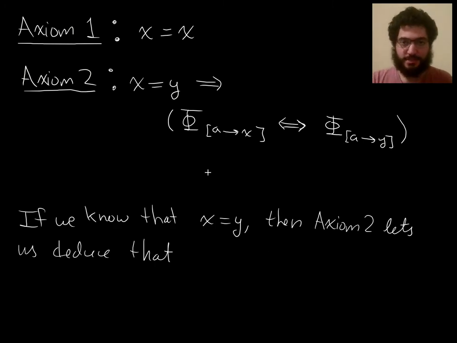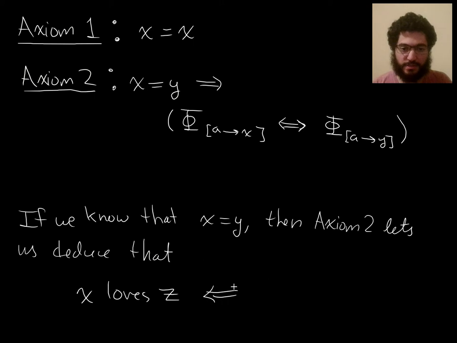Here's an example of how to use axiom 2. Suppose you know that x equals y. Then axiom 2 lets you deduce all kinds of things. It lets you deduce that anything you can say about x is equivalent to the same proposition with y in place of x. For example, you can deduce that the statement x loves z is equivalent to the statement y loves z.